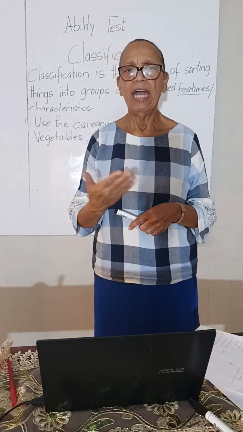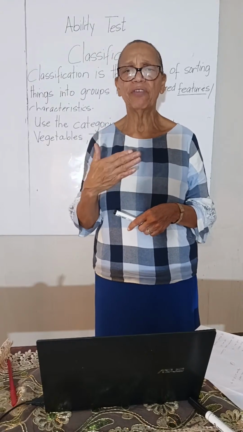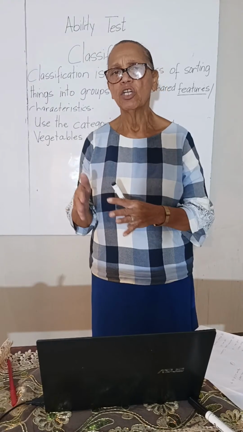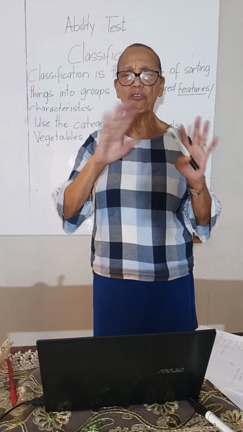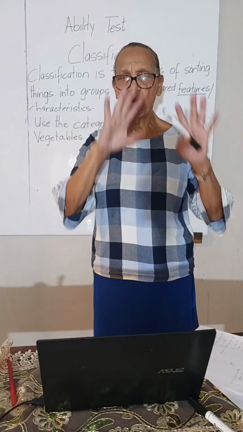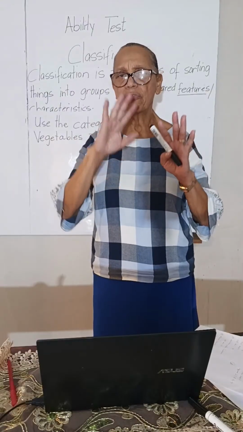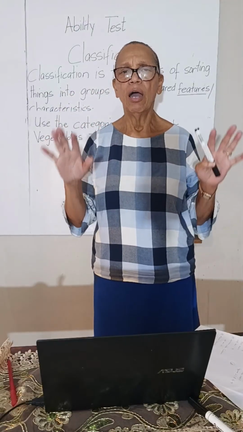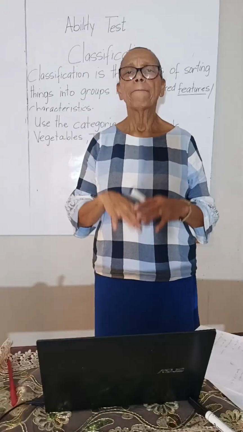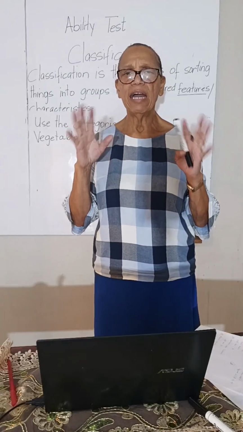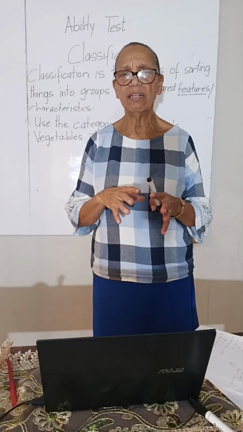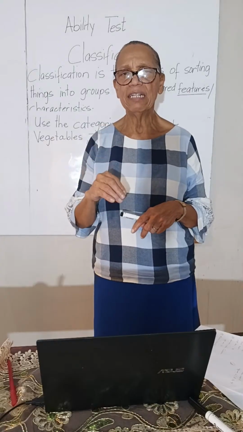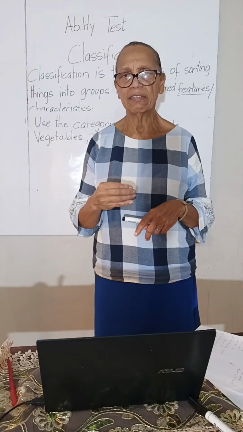And then today, we have been looking at classification, grouping things. Tomorrow, we're going to do an overview and a little oral quiz with the three thinking skills. Observation skills, similarities and differences, those skills, comparing and contrasting skills, and classification skills.